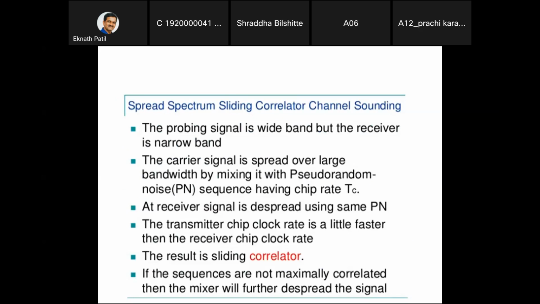Means they increase the bandwidth, with a sequence having the chip rate of Rc. At the receiver, the signal is despread using the same PN, that is the pseudo random noise. The transmitter chip clock rate is a little faster than the receiver chip clock rate, and as a result, the sliding correlator is there. If the sequences are not maximally correlated, then the mixer will further de-spread the signal.